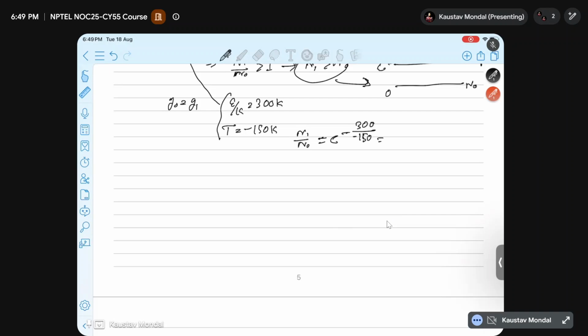So it will give you e square, so n1 is 7.39 of n0. As you can see, the population of this first excited state is almost 7 times larger than the population at the ground state.